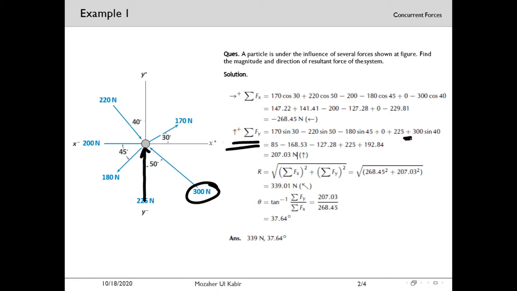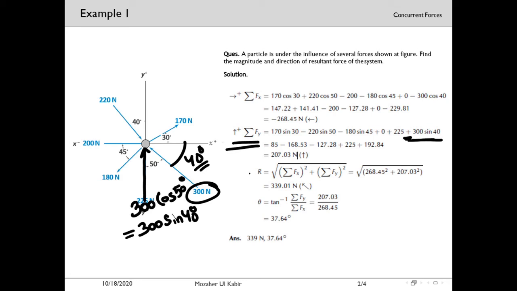So for upward, plus sign, and then the value is, we know that this angle is 40 degree and this is 50 degree, so we can write it as 300 cos 50 degree. But if we want to use this 40 degree one, we can also write it as 300 sine 40 degree. We can use any one from these two. Here we had written 300 sine 40.